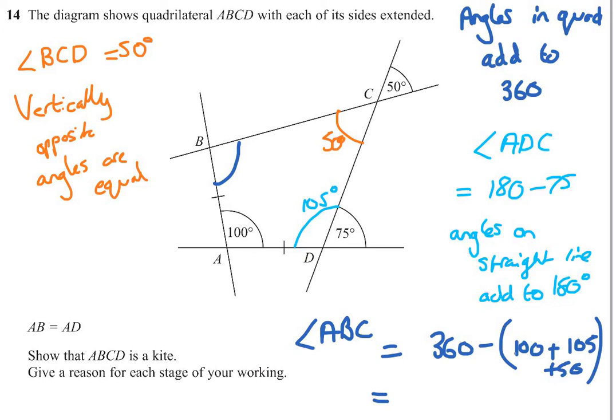And working that out, we're going to get 360 take away 255, which equals 105. And again, that's because angles in a quadrilateral add to 360, this one. And this shows that ABCD is a kite because we've got these two opposite angles that are equal and we've got two sides that are the same. Great, so we're done there.